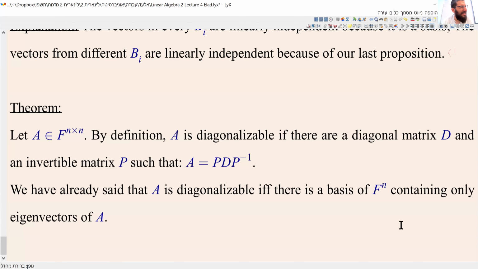That was our last theorem, our last claim in lecture number 3, as far as I can remember.